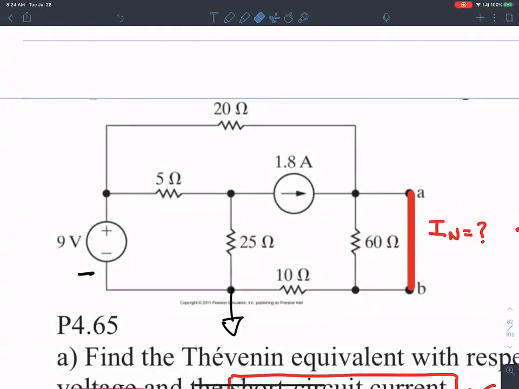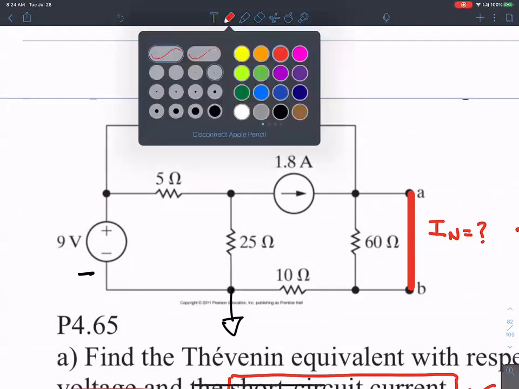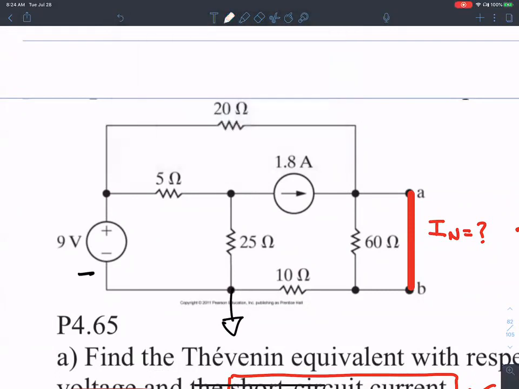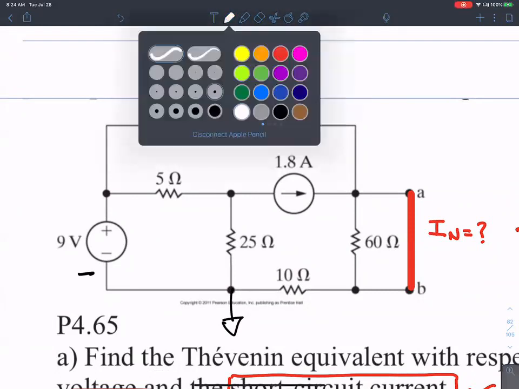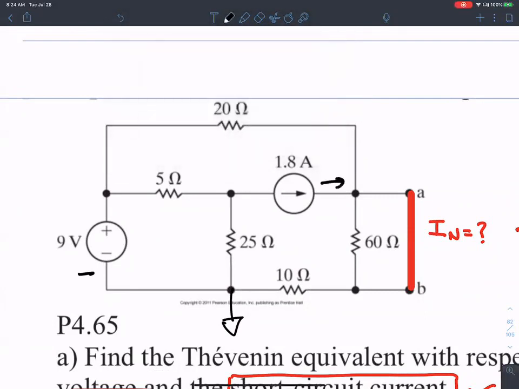There should no longer be a voltage across the 60 ohm resistor. Correct, exactly. So there's no voltage across the 60 ohm resistance, and it's almost like there is no resistance over there. All the current that's coming in here is going to flow through this branch, and there is no current flowing in this branch because this 60 is in parallel with 0.